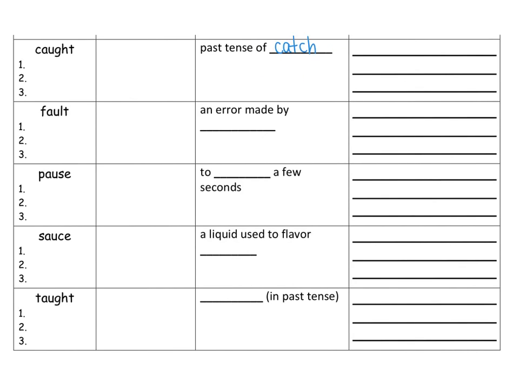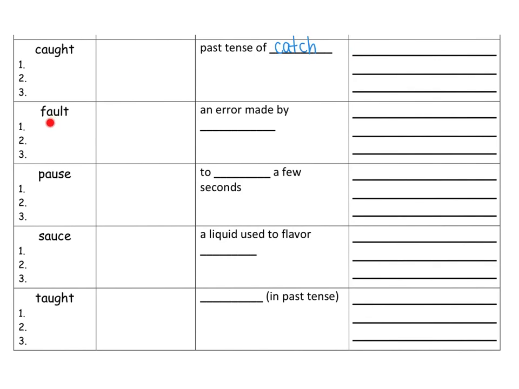So if you say, yes, I catch the ball, then it would be yesterday I caught the ball. Today I catch a fish. Yesterday I caught a fish. See how that works? So write your sentence, draw your picture.